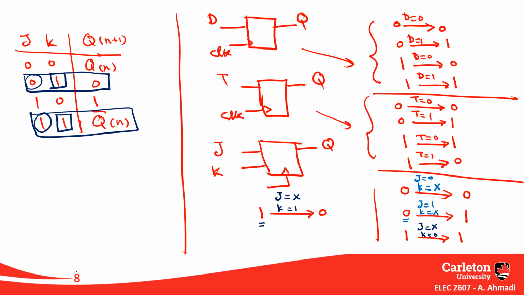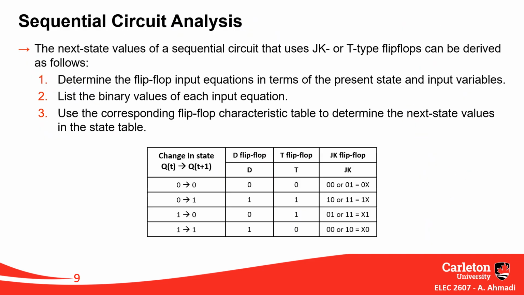Now I have to look at this and apply this knowledge to sequential circuit design. This discussion is briefly outlined in this table. You see that if you want to make a transition from 0 to 0, and if you have a D flip-flop, it means that the input of your D flip-flop must become 0.